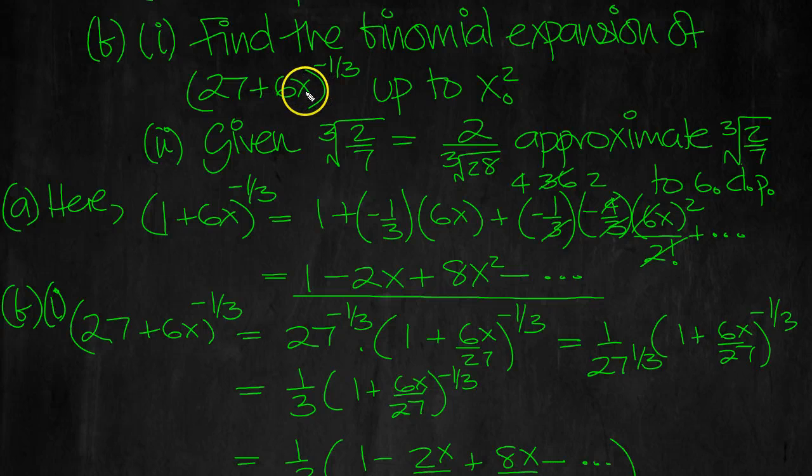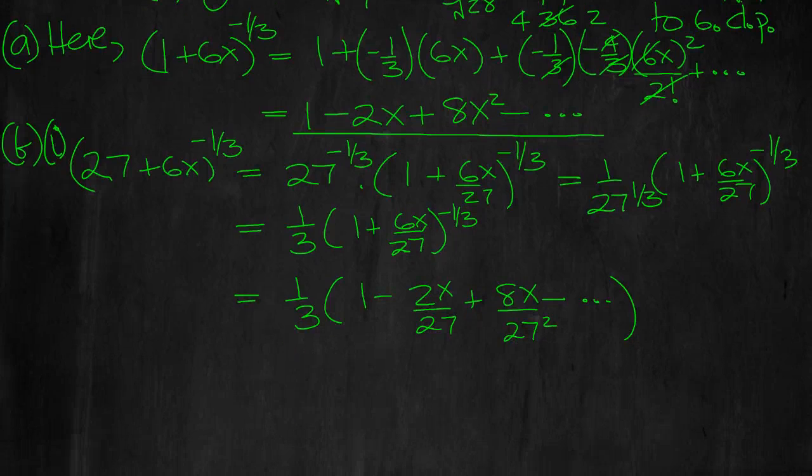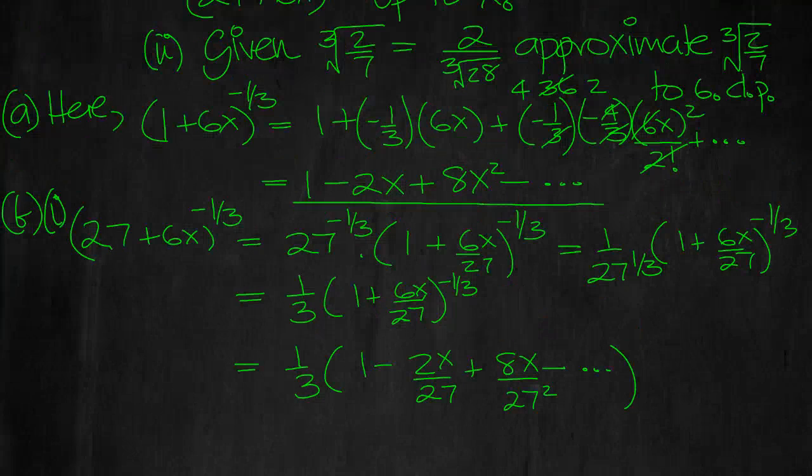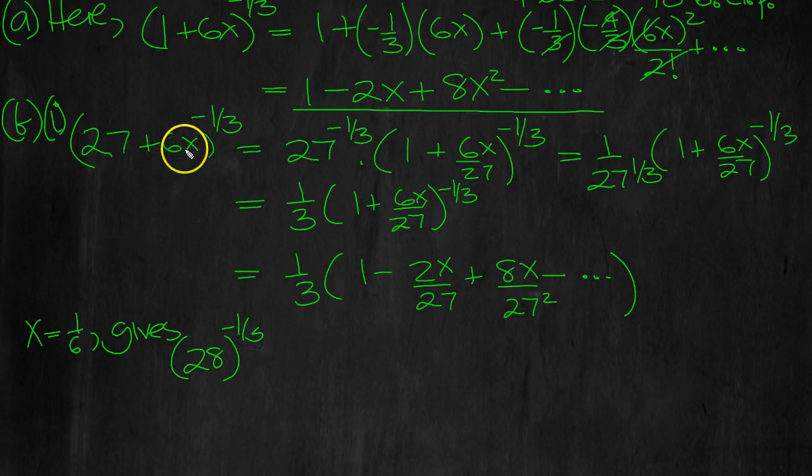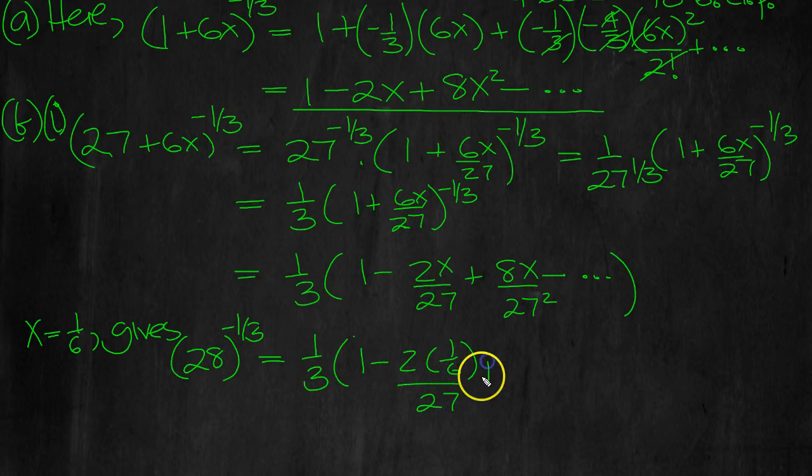If we put x equal to a sixth, then 6x is 1, so we get 28 to the minus 1/3 equal to 1/3 times 1 minus 2 times 1/6 over 27 plus 8 times 1/6 squared over 27 squared.